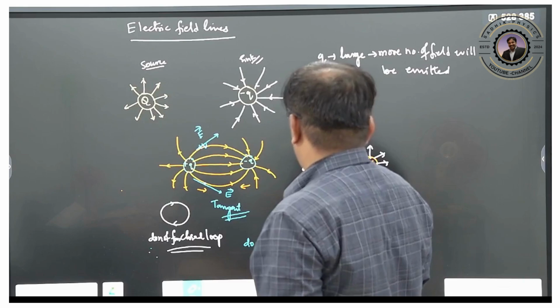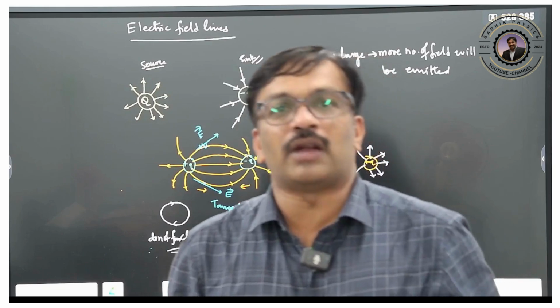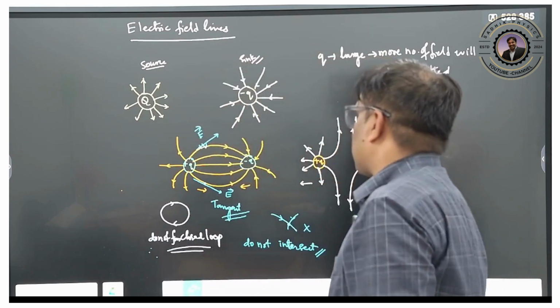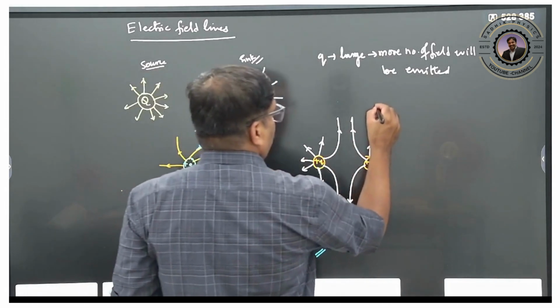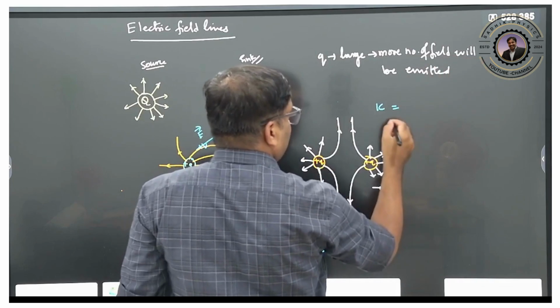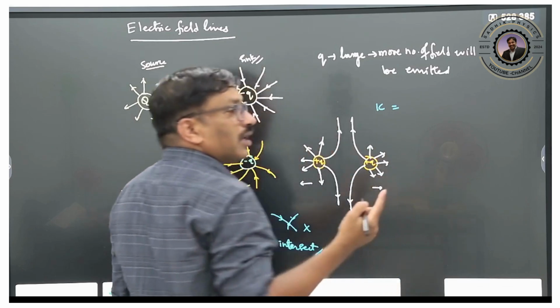Right? So can you tell me, if 1 coulomb of charge is there, how many field lines will be emitted? This can be found using Gauss law.